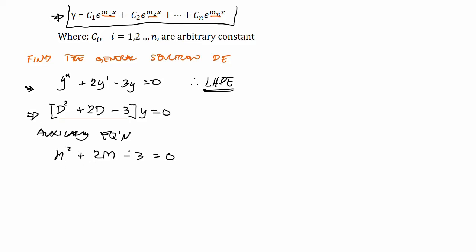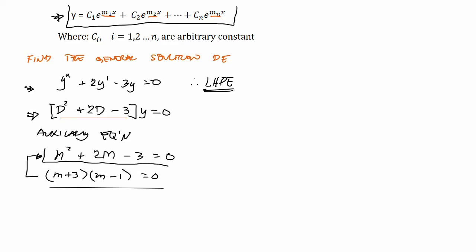We have m plus 3 multiplied by m minus 1 is equal to 0. If you check, this must also be equal to the original equation. So by factoring, we have m plus 3 and m minus 1.